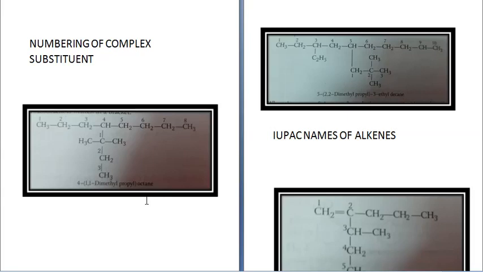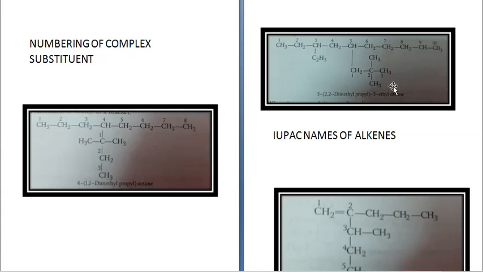Alright. Now see over here. While deciding the alphabetical order of various substituents, the name of the complex substituent is considered to begin with the first letter of its complete name. Like here, from the 5th carbon it is starting. So 5, 2 comma 2, because on the second carbon methyl groups are there. 2 comma 2 dimethyl, and this side chain has a 3 carbon parent chain, so dimethyl propyl.